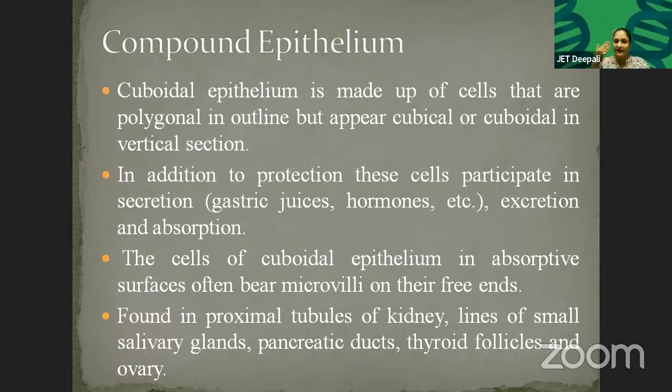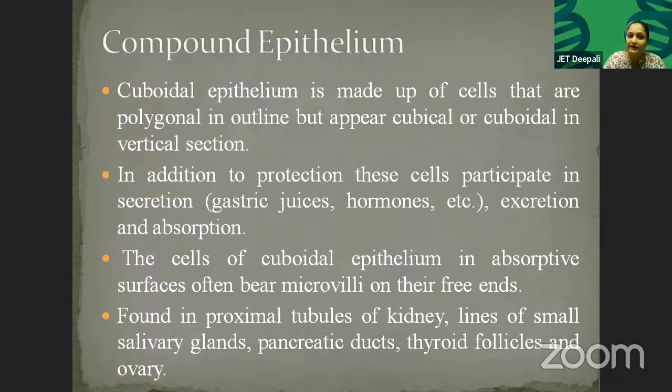When you cut the LS of the tissue and see under the microscope, you can see the cubical shapes of cells. From the external point of view you see the polygonal outline, but when you cut the vertical section and see under the microscope, you see the cubical shape of cells.